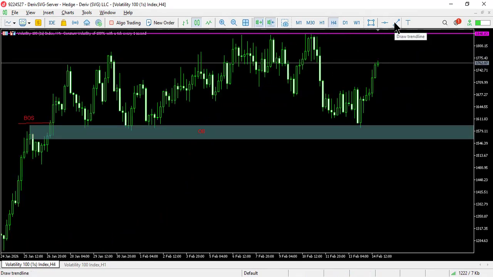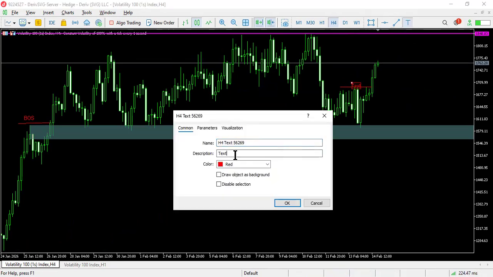And then zooming in, we can see that we have a break of structure right there. So we have a break of structure.